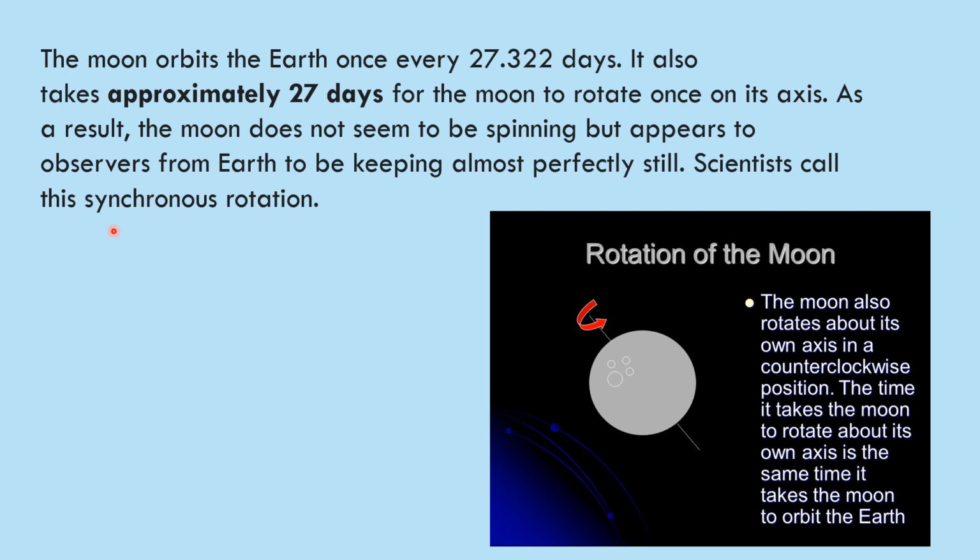Scientists call this synchronous rotation. The rotation of the moon and the revolution of the moon around the earth are almost the same. Therefore, even though the moon is rotating around its own axis, it will appear still to an observer on the earth.